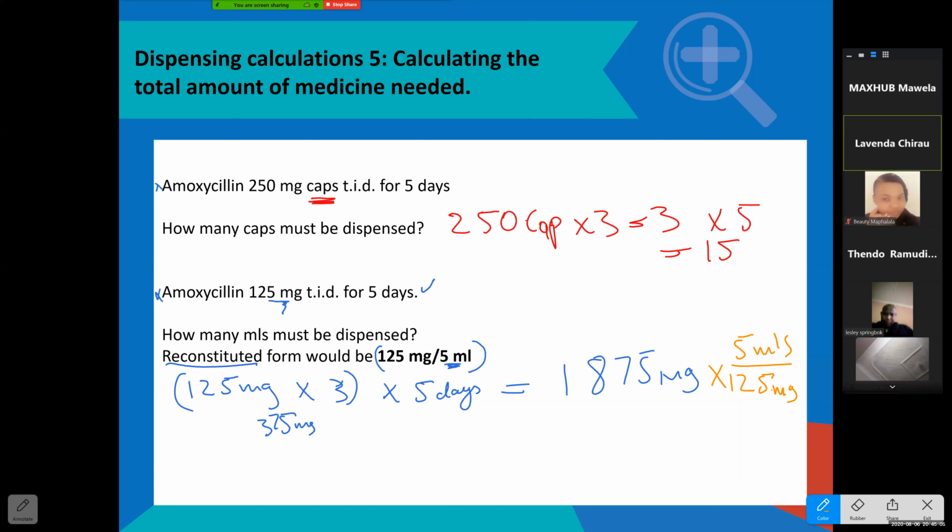To get the mils, the milligrams will cancel the milligrams. You will then say 1875 multiplied by 5 divided by 125.